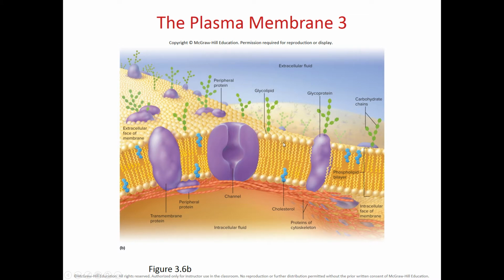So the plasma membrane is made out of two rows of phospholipids: one that faces the environment, located towards the extracellular fluid, and one that faces the cytoplasm. So the plasma membrane is a phospholipid bilayer.